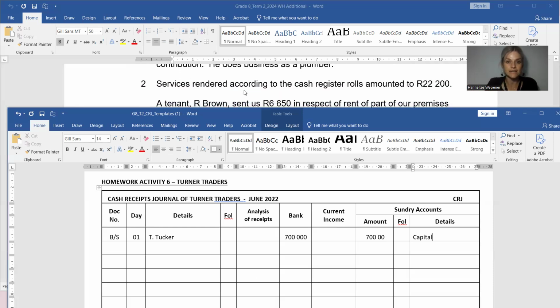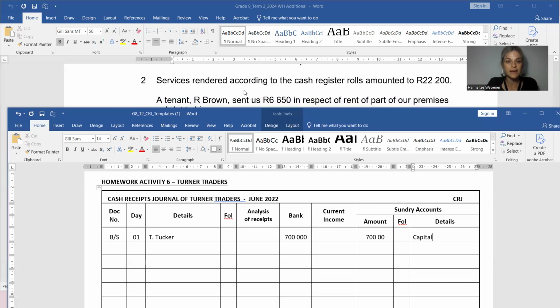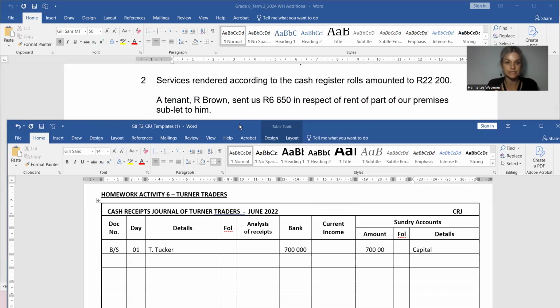Okay, so the next transaction. We have on day 2, we have 2 things happening. Number 1 is we have services according to the cash register roll. And number 2 is that we received money from our tenant for businesses that we rent to him.